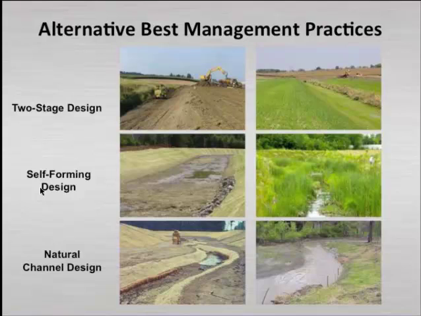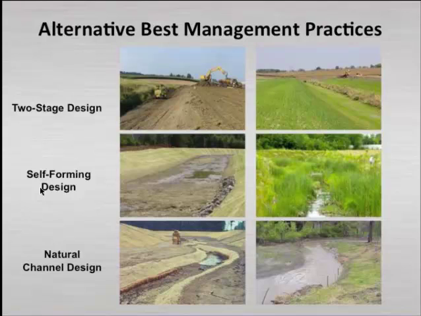before those were even around, there's another approach called natural channel design. Some of you are familiar with stream restoration, that's what natural channel design is. And usually that involves construction of the channel, so there's shaping of the channel, oftentimes making a sinuous meandering pattern, oftentimes adding a lot of rock or substrate.